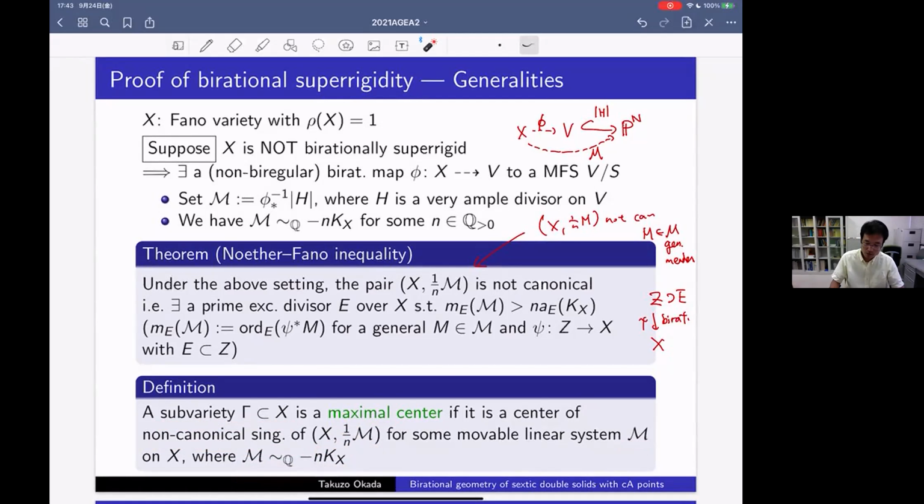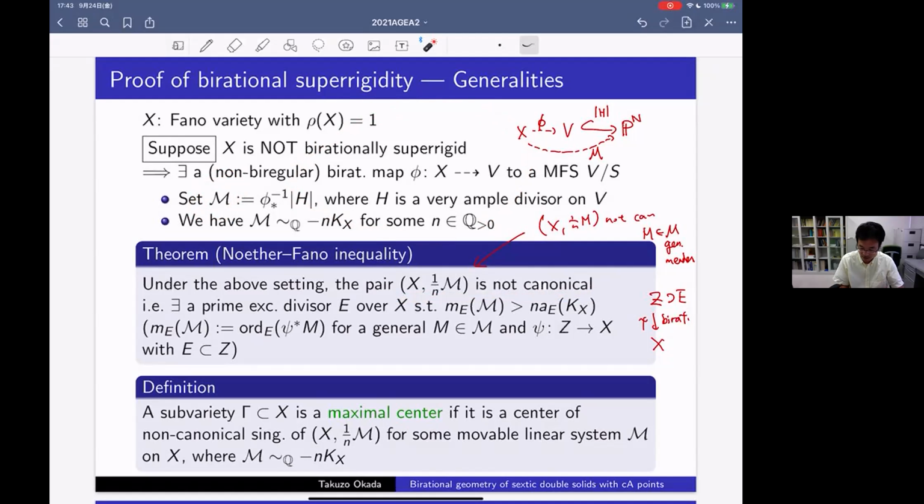So if a Fano variety is not superrigid, then there exists a movable linear system M constructed in this way, for which this pair is not canonical.